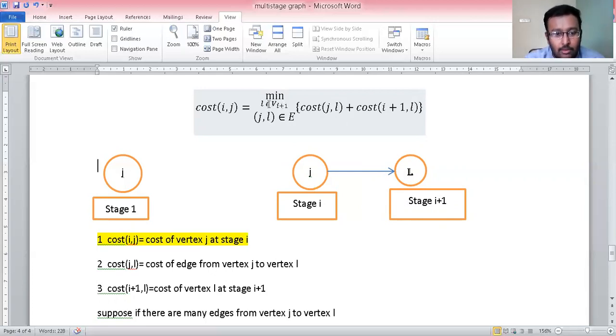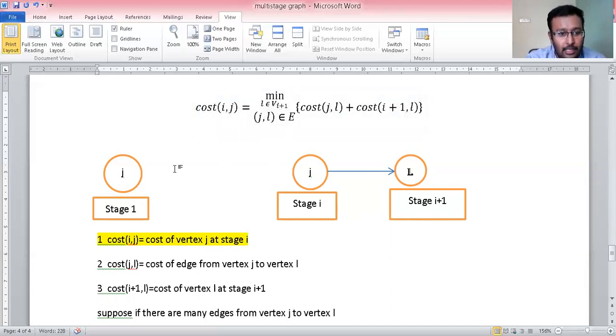The next part of the formula is the cost of the edge from vertex j to vertex L, plus the cost of the vertex L at stage i plus 1. These are the things you need to find out.